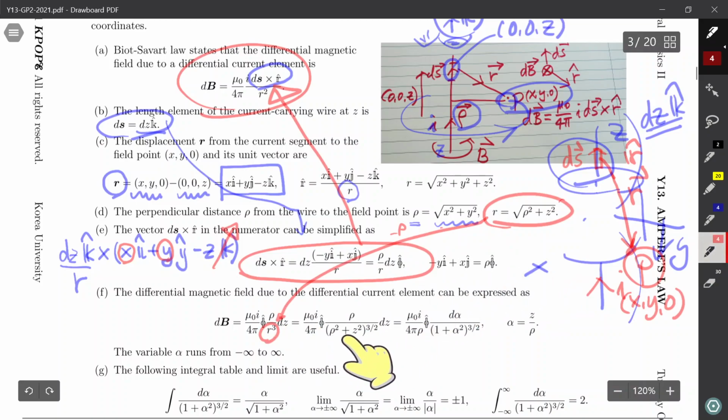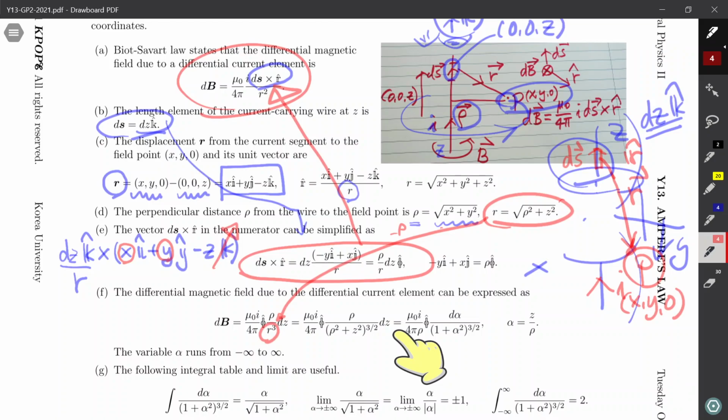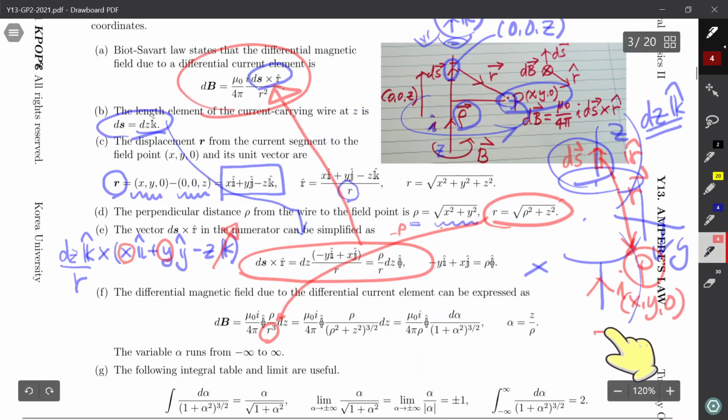Then rho squared plus z squared to the 3 halves. And we rescale the variable. z is rho alpha, where rho is a length, so alpha is dimensionless.